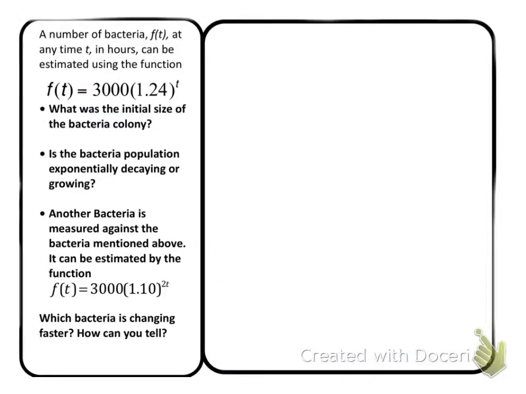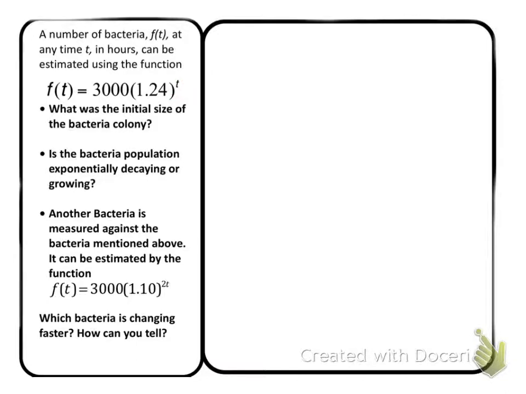Okay, our bacteria problem. So the number of bacteria, f of t at any time in hours, can be estimated using the function f of t equals 3,000 times 1.24 to the t power. Yep, so before I go any further, I always want to check to see in my equation, is that t by itself? And yes, it is.